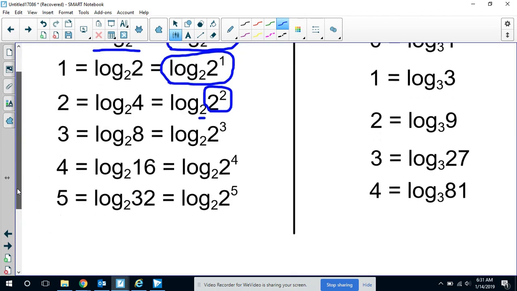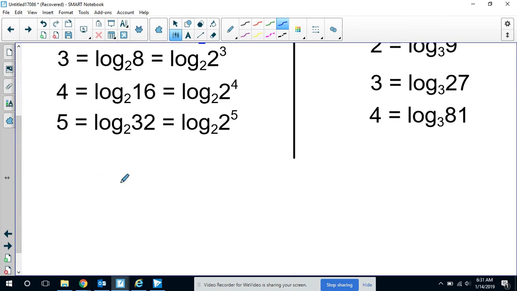So if we're looking at a problem like this, we have log base 4 of 8. That's going to be 3/2. And the reason we know that is because 8 is 4 to the 3/2.